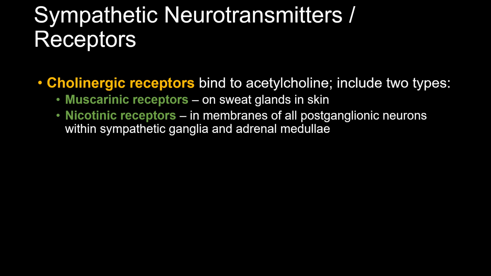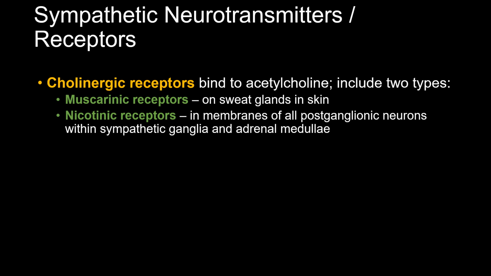Now, there are several classes of sympathetic receptors, and it's first important to know that these neurotransmitter receptors that bind to norepinephrine or epinephrine are called adrenergic receptors, and those that bind to acetylcholine are cholinergic receptors.